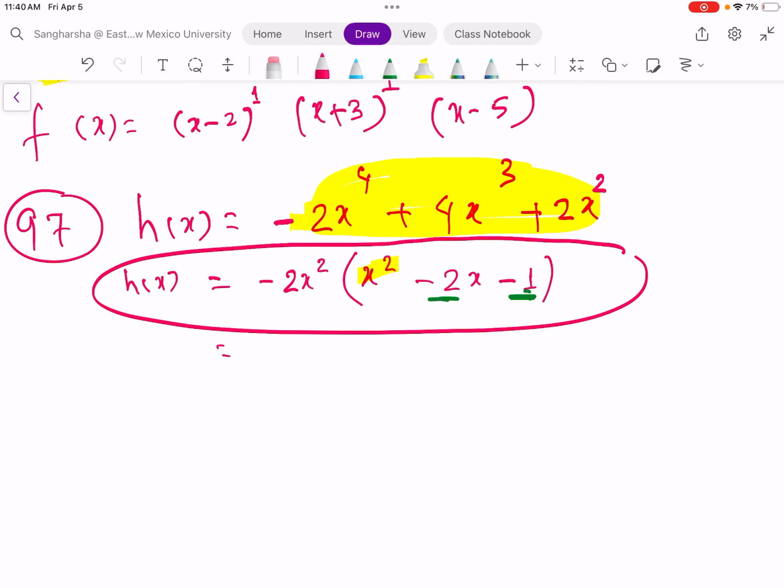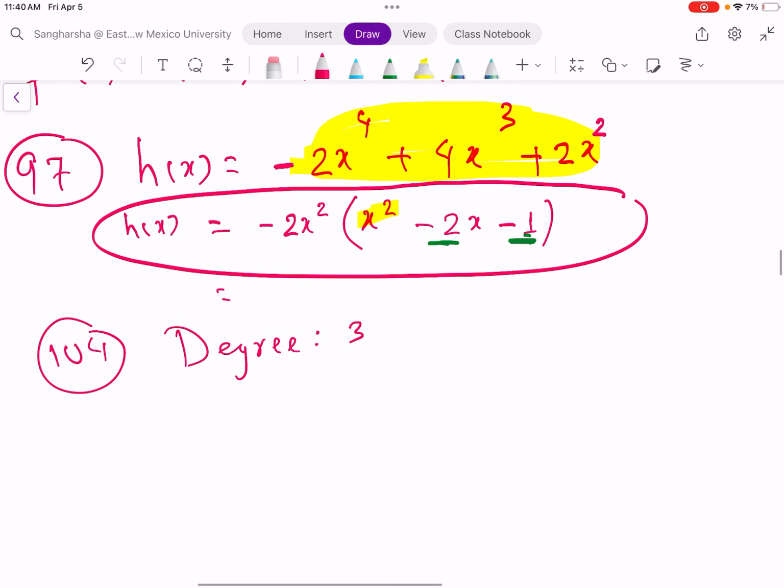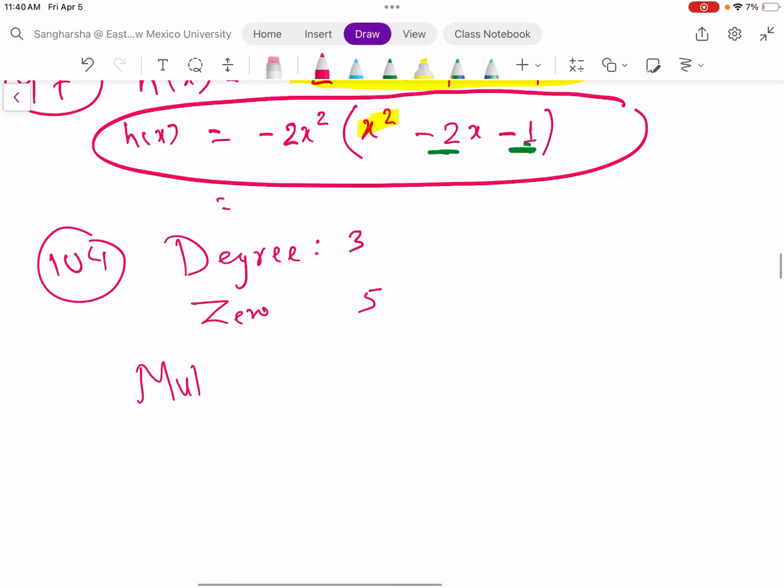Can you write a function which has a degree 3, zero is at 5, and multiplicity, this is interesting, multiplicity is 3. Can you write a function? The function must have a degree 3. Zero is 5 and multiplicity is 3.